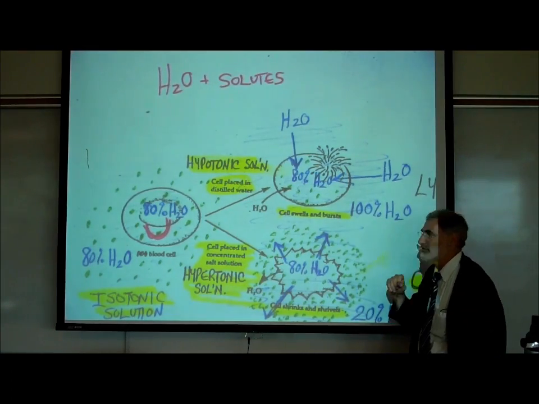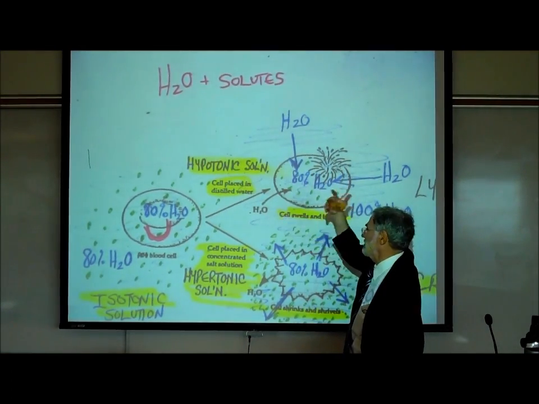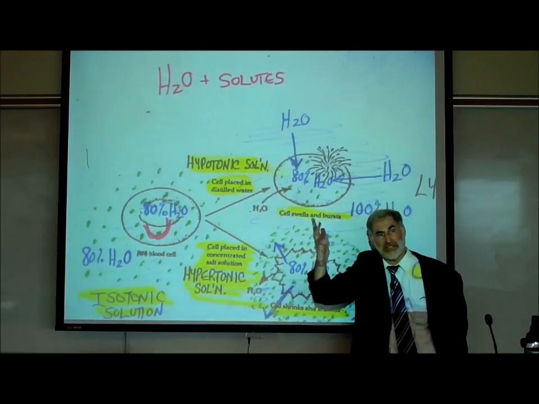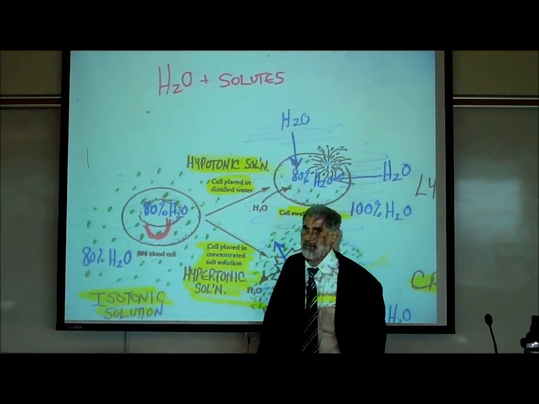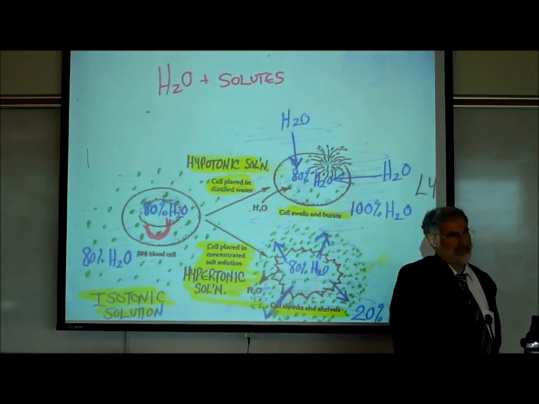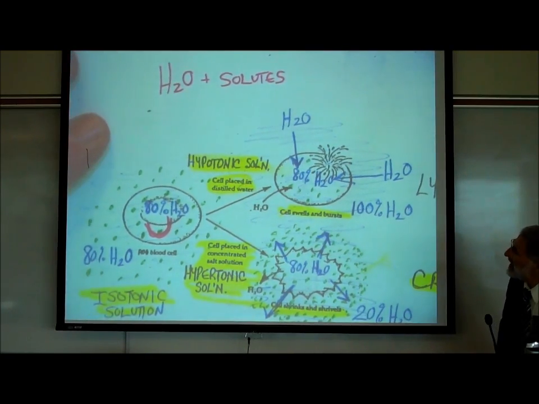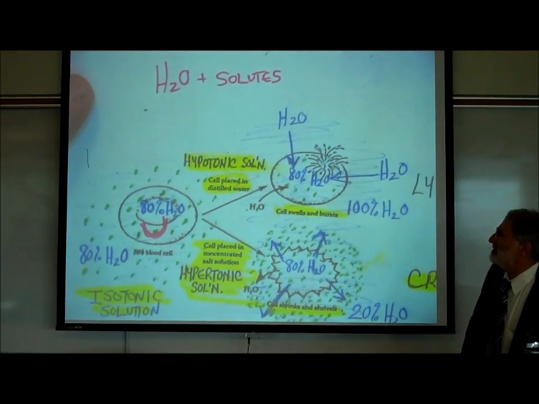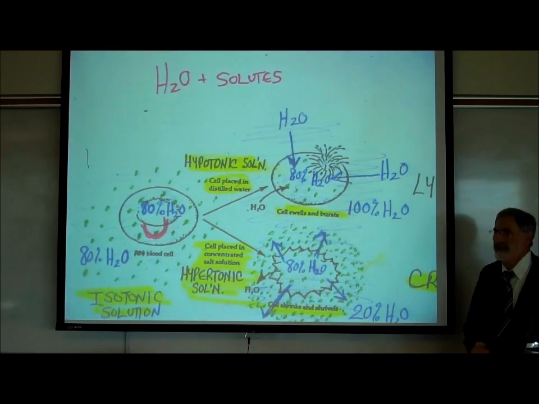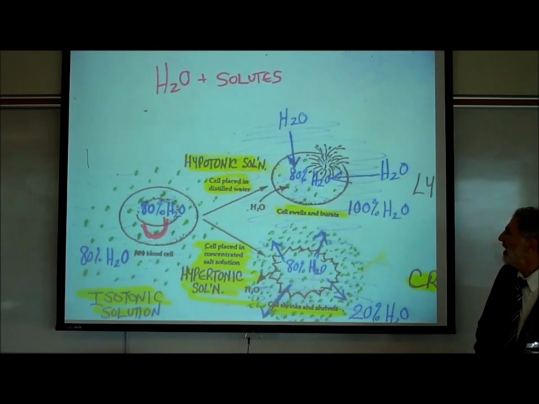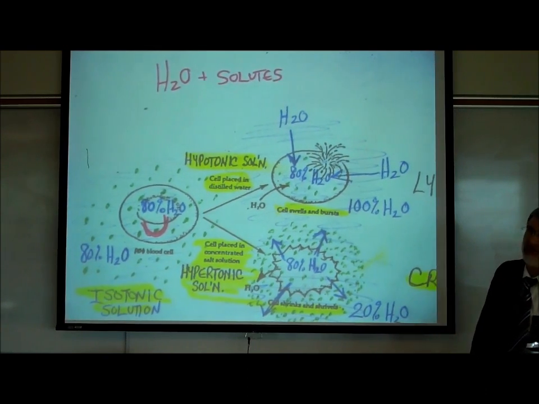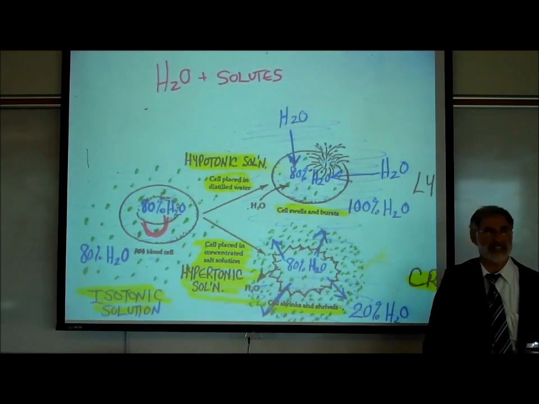It's low in protein, it's low in sugar, it's low in everything, it's just a bunch of water. Hypotonic, low strength. So placing a human cell in a hypotonic solution will cause the cells to swell up and burst. That's not going to be a happy cell, I don't think. That's going to be a dead cell.